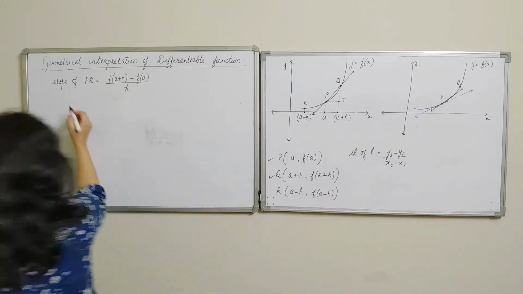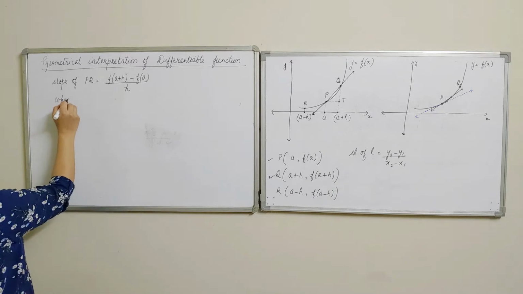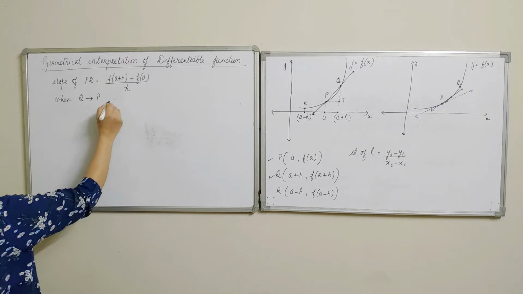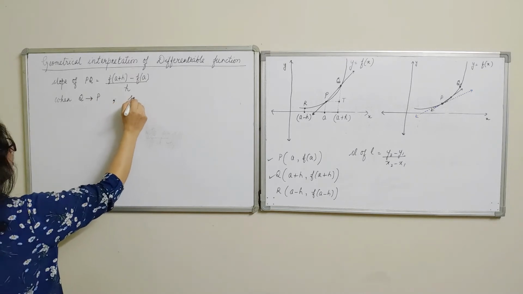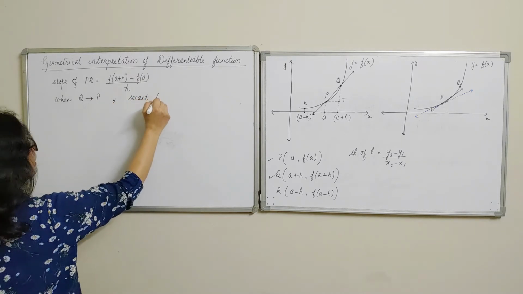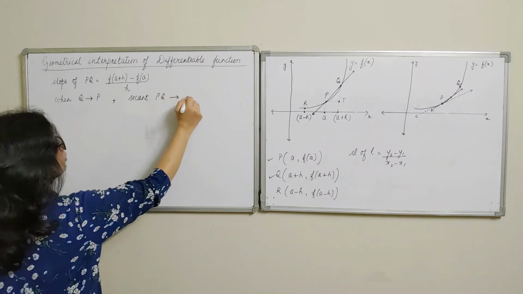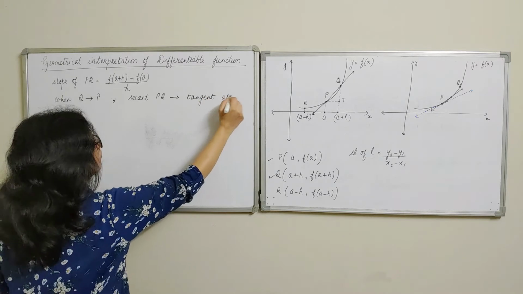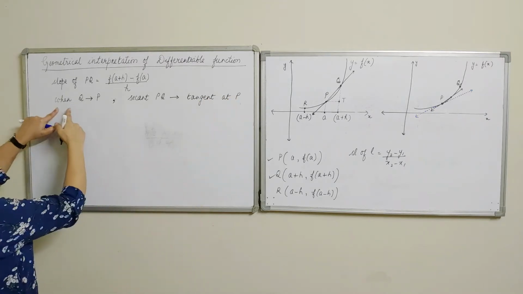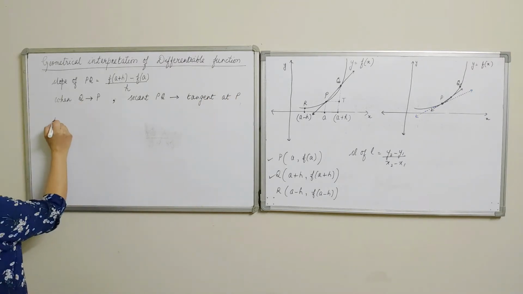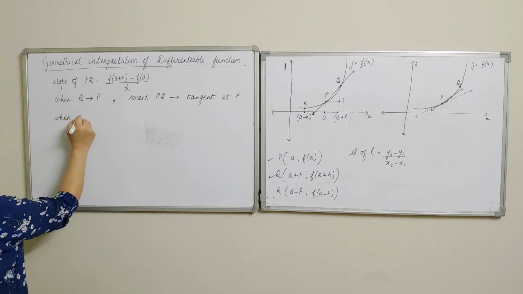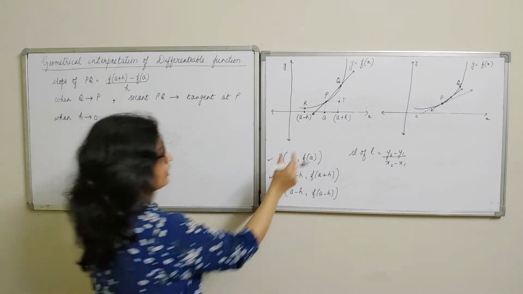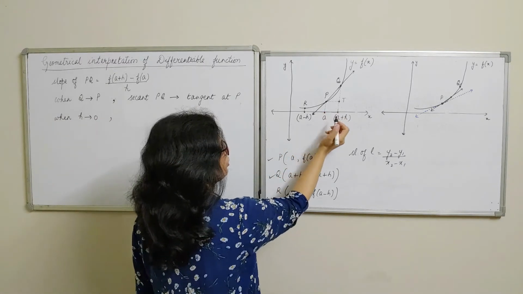So that means we can write down here, whenever the point Q tends to point P, the secant PQ tends to become a tangent at the point P. Now instead of saying Q tends to P, we can also write h tends to 0. When h tends to 0, this distance is reducing.